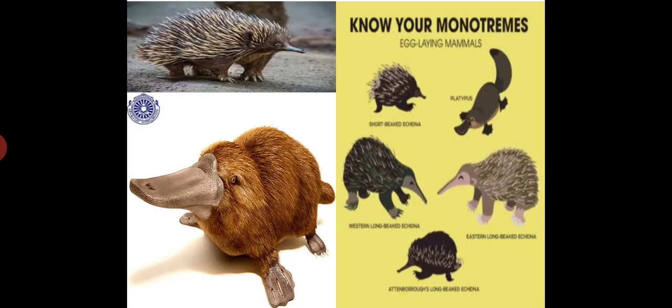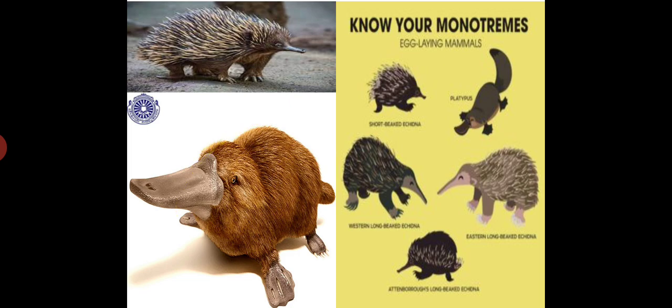Coming to the pictures or images of the different types of monotremes. As you observe here, can you guess what this is? This is the spiny anteater. And this is what? The duck-billed platypus. You see, it has a long bill-like projection as is seen in ducks, hence the name duck-billed platypus.